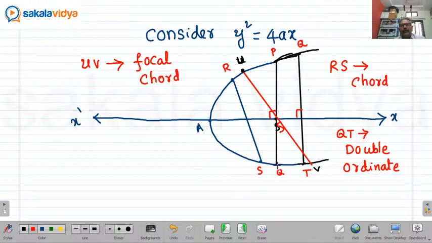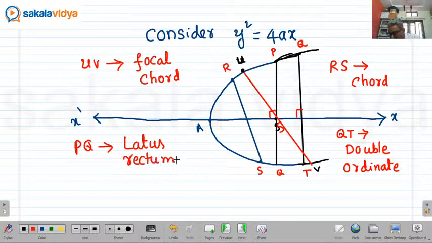The PQ is also a focal chord but perpendicular to the axis. That's why this PQ is called latus rectum. That means latus rectum is a focal chord which is perpendicular to the axis, or latus rectum is a double ordinate which passes through the focus.